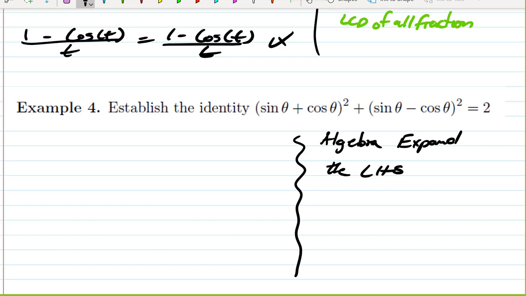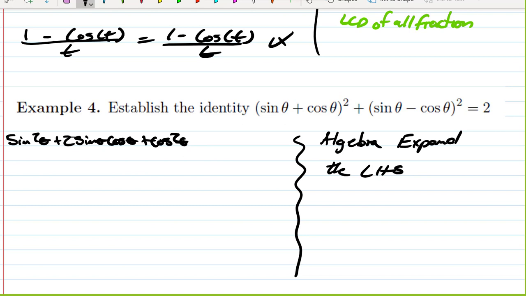So sine theta plus cosine theta squared, if we multiply out that binomial, we're going to end up with sine squared theta plus 2 sine theta cosine theta plus cosine squared theta. And if we multiply out the second one, we're going to get the same thing, except it's going to be negative in the middle.